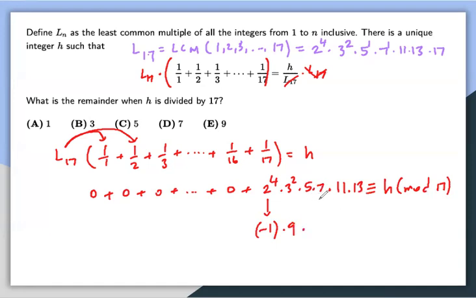And then we have 5 times 7, so I can say this is 35, right? So 35 is 34 plus 1, which means this gives a remainder of 1 when you divide by 17. Now we have 13 times 11, so I could multiply those as well, which would be 143.